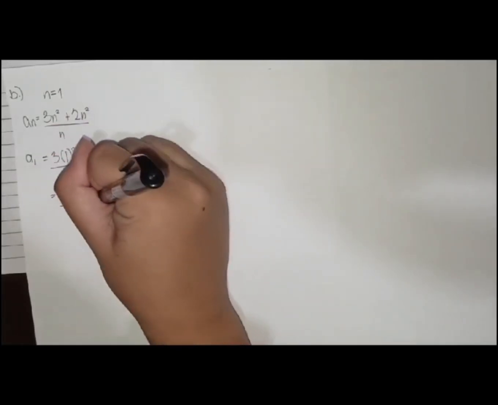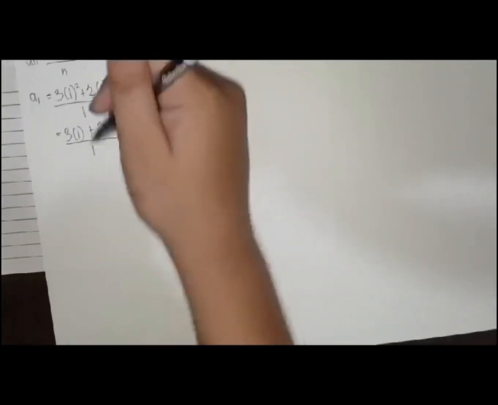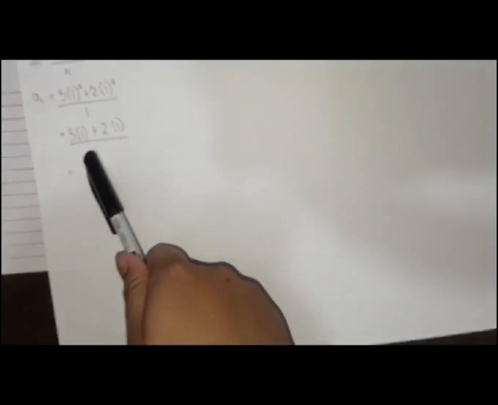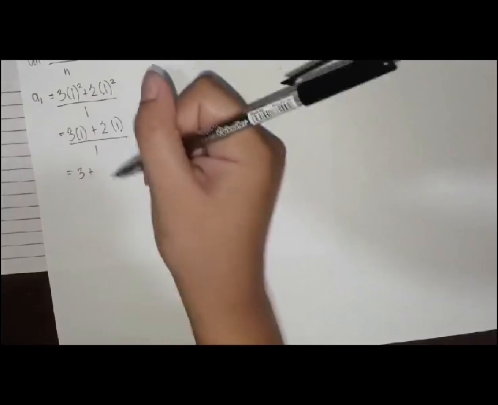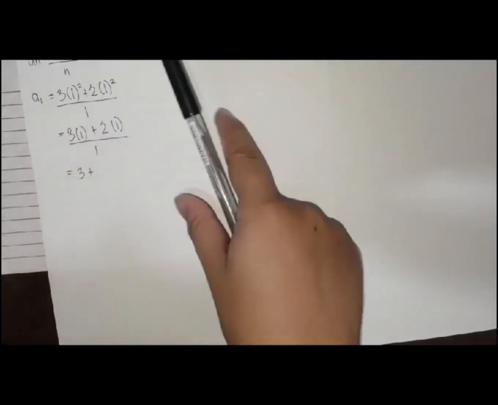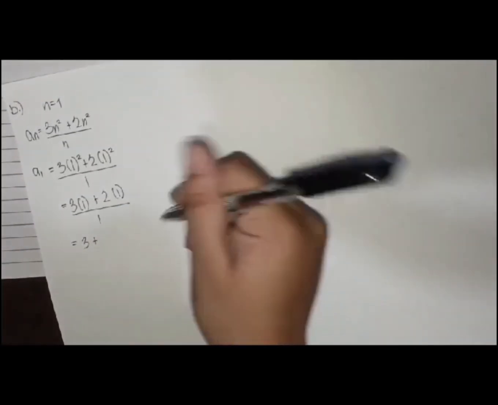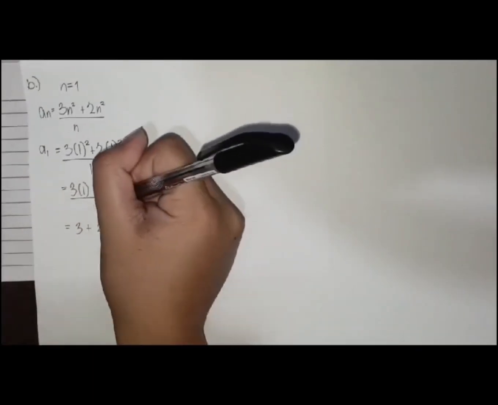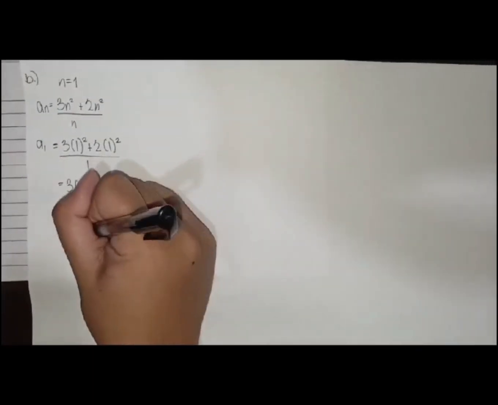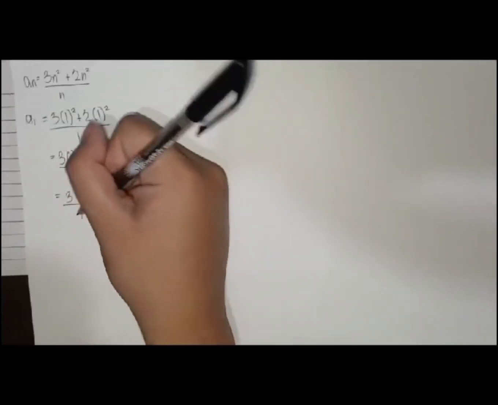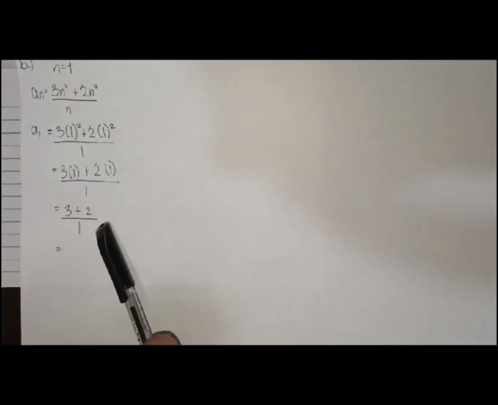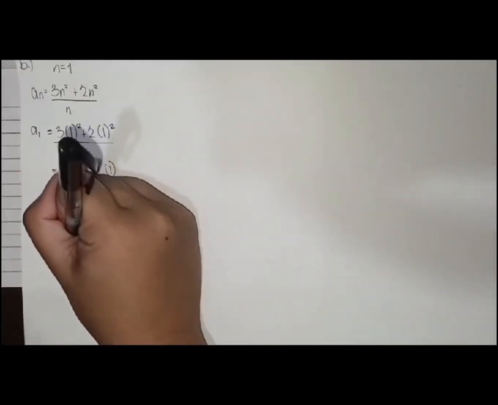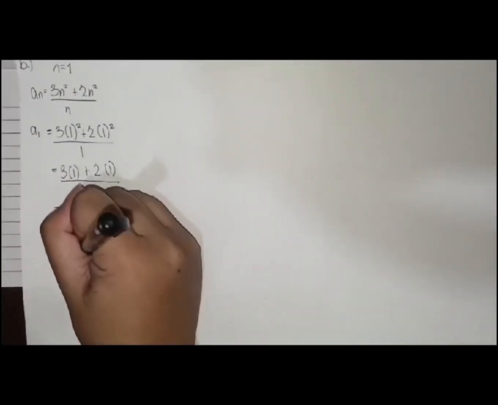So over 1. So 3 times 1 is 3, plus 2 times 1 is 2. So over 1. 3 plus 2 is equal to 5 over 1.